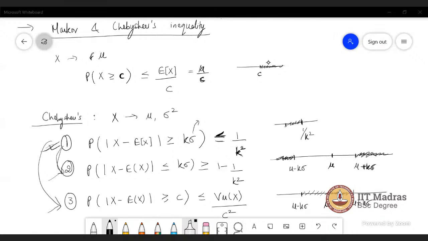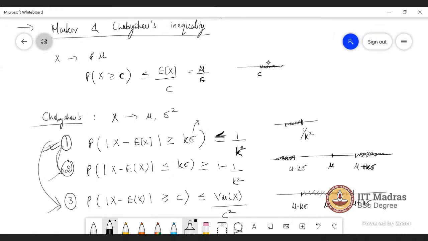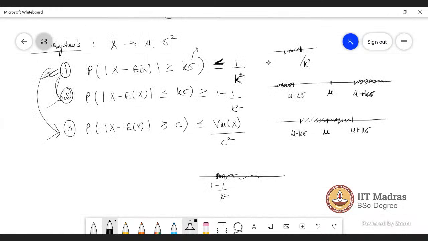Ma'am, what if P of mod x minus E x equals k sigma, in Chebyshev number 1, instead of greater than or equal to k sigma? If I take equals k sigma, then this will be 1 by k square also, right? This is just the points mu plus k sigma and mu minus k sigma. If you write mod of x minus expectation of x equals k sigma, what does it mean?